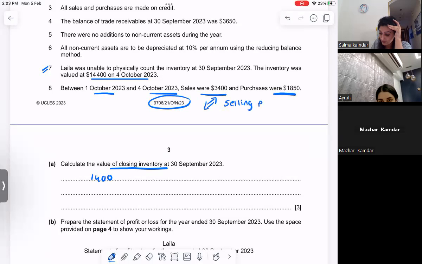So closing inventory is always valued at what? Cost or NRV, whichever is lower. So how will you minus 3,400? You will minus the cost of sales, right?